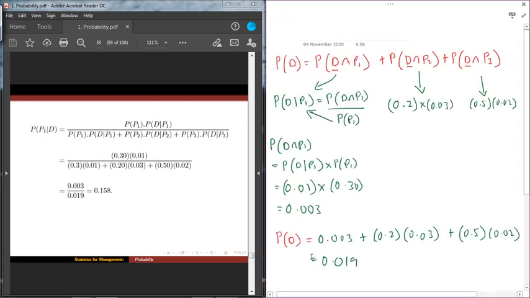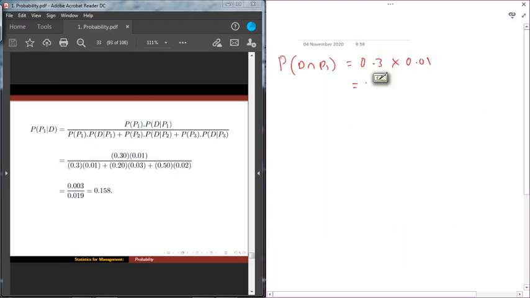We have computed here 0.003. Yeah? So PD1 is actually 0.003, 0.019 and 0.158. This is only for this one.